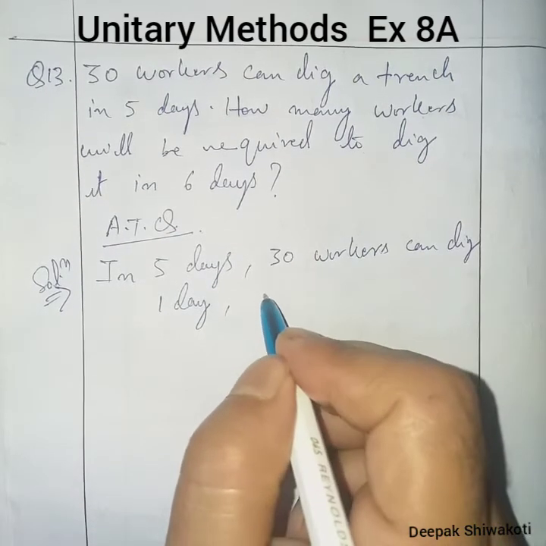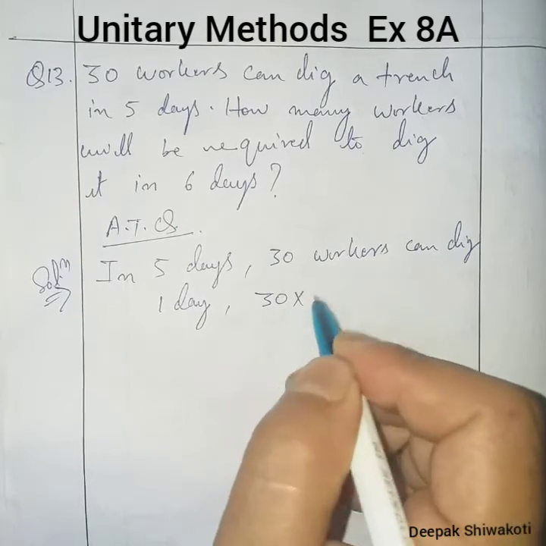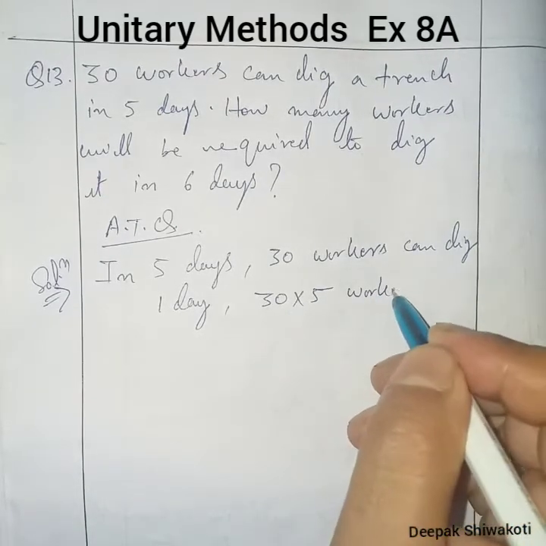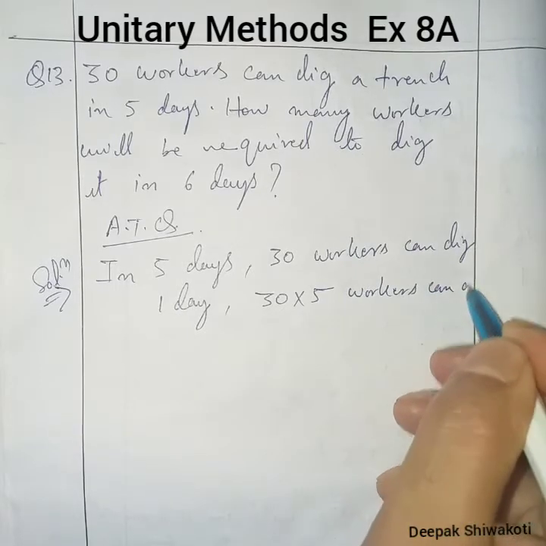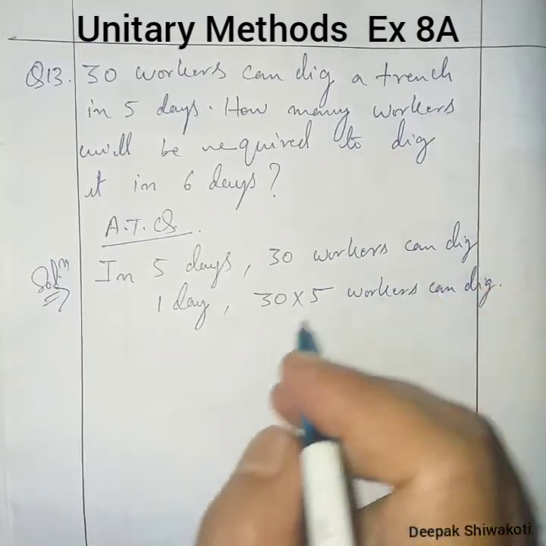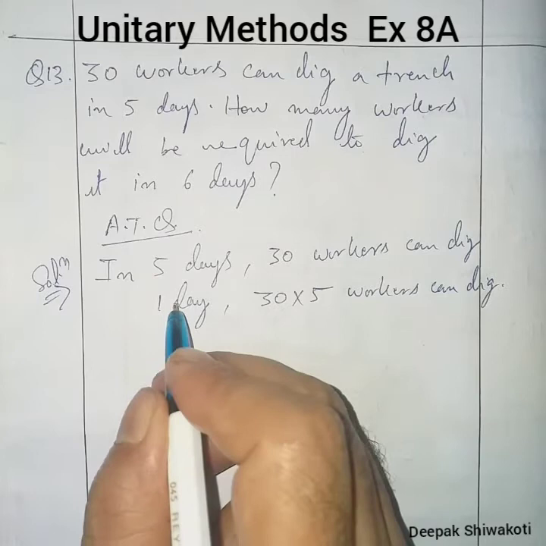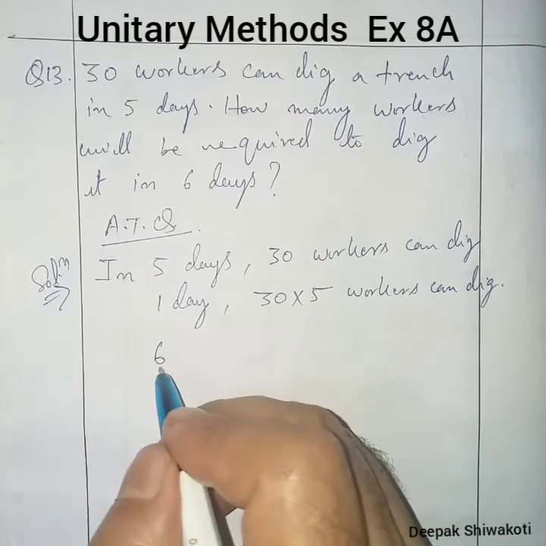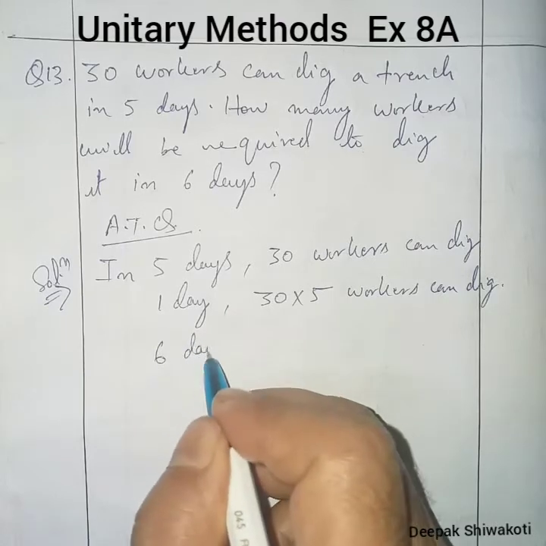So we'll multiply here, 30 into 5 workers can dig a trench. Now days are increasing from 1, it is becoming 6 days.